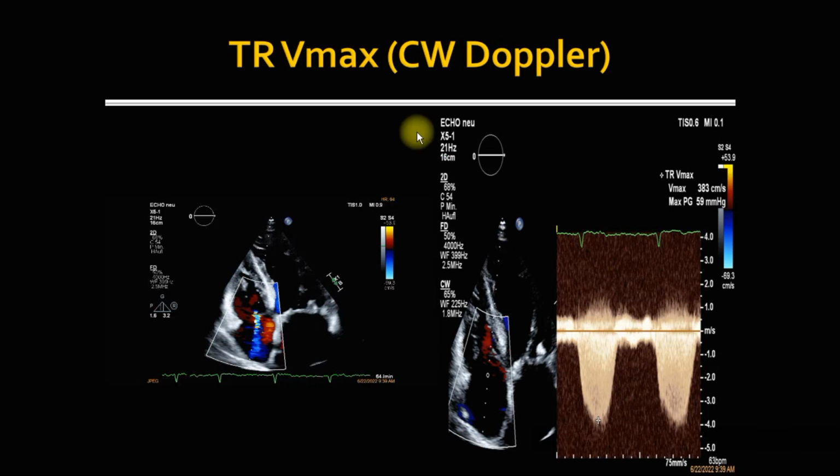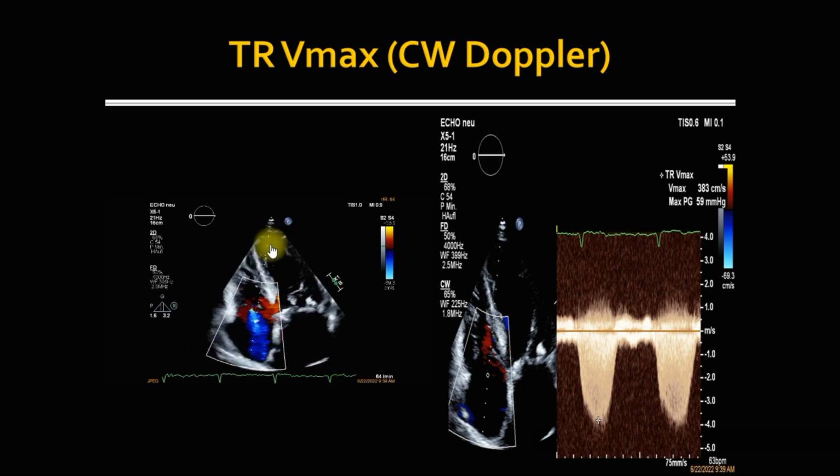At first, how do we measure the tricuspid regurgitation maximal velocity? As I have said, I get at first an apical 4-chamber view. I place the color Doppler over the tricuspid valve. Here the patient has moderate tricuspid regurgitation.